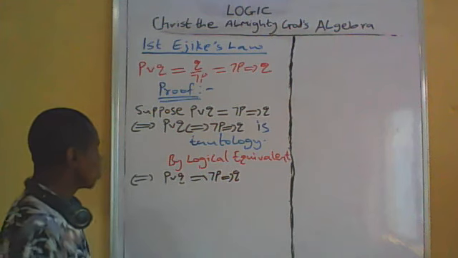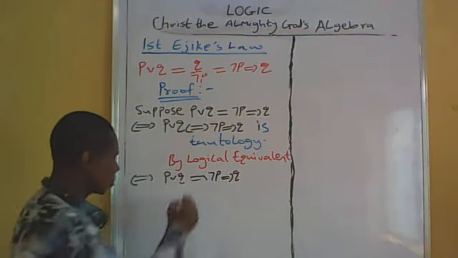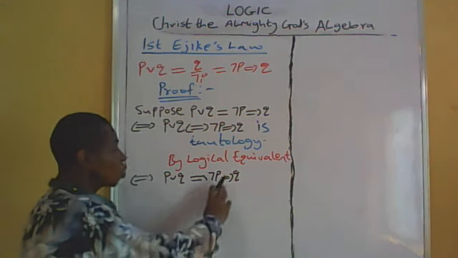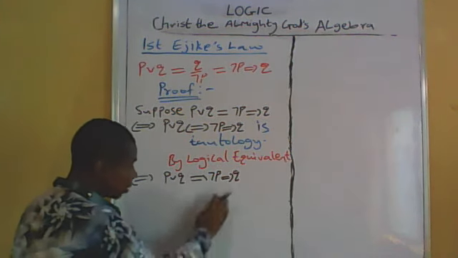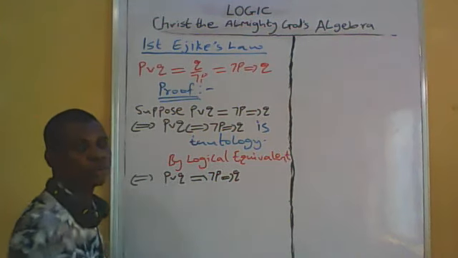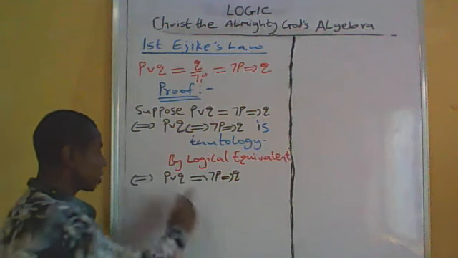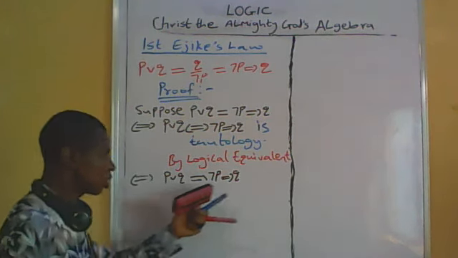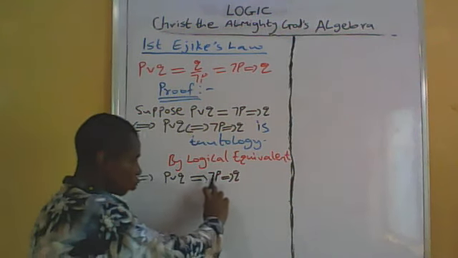And you find out that whenever the antecedent is true, the consequent must also be true. There is no falsity, always truth. You say the statement is a tautology, because whenever the antecedent is true, the consequent must also be true.